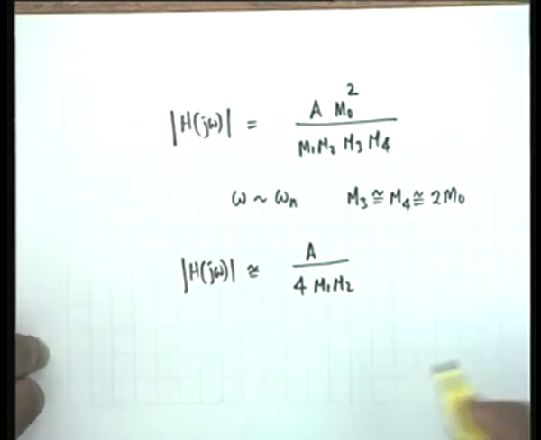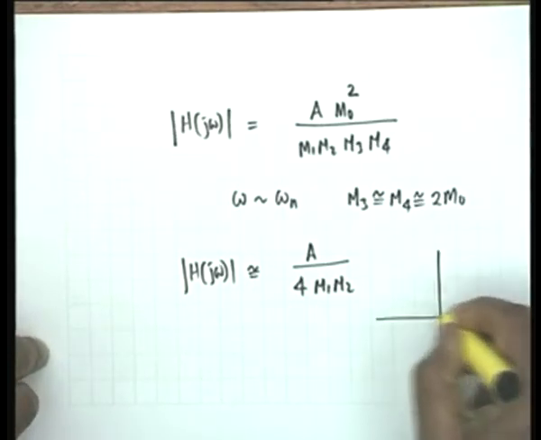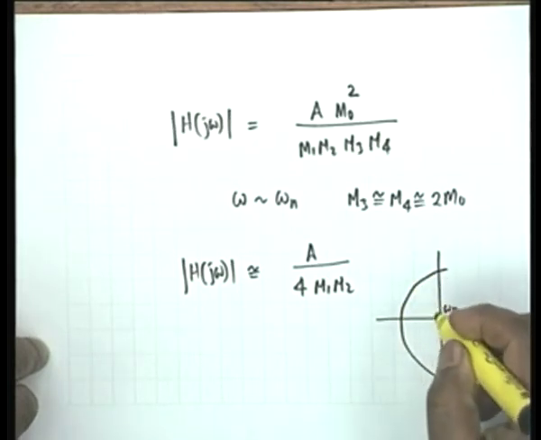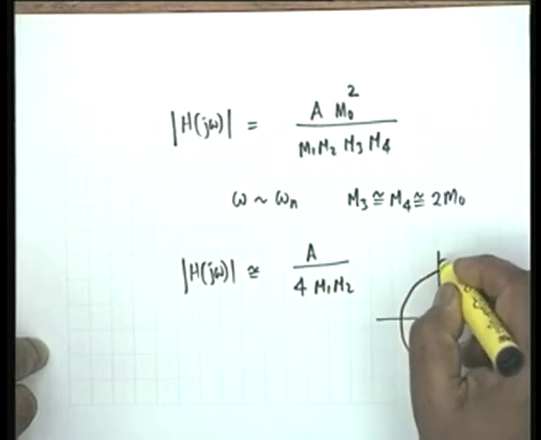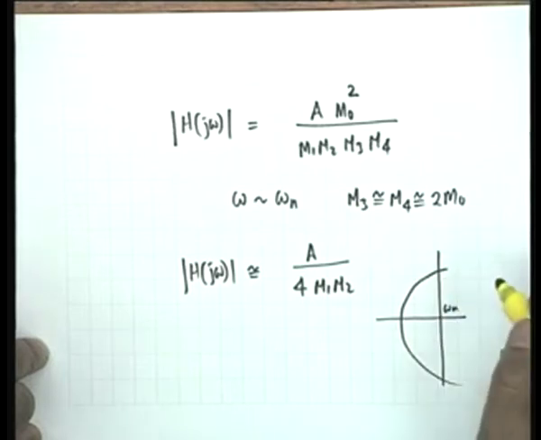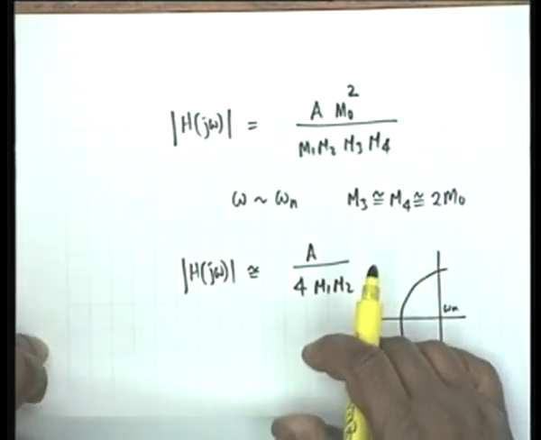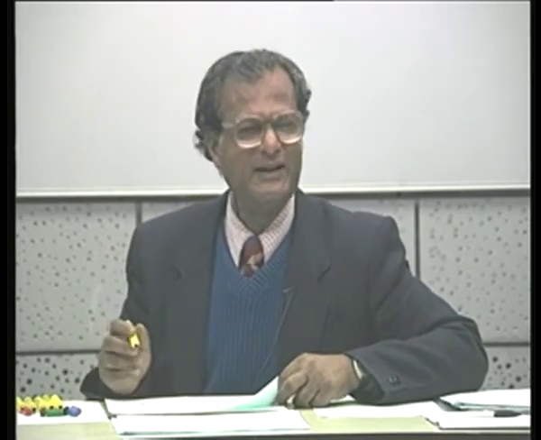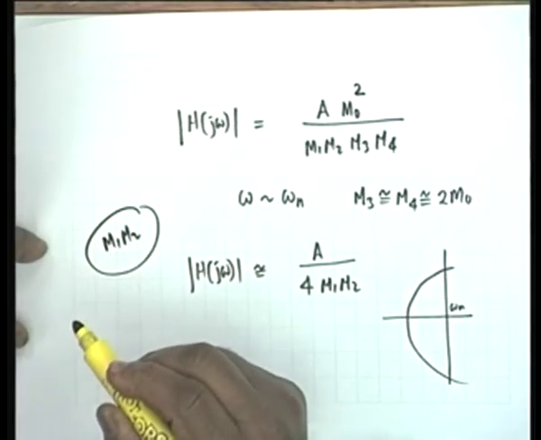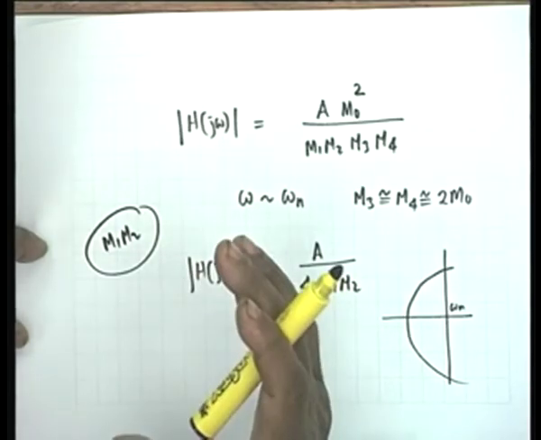Also from that pole-zero diagram, this is omega n, this is my picking circle. From the triangle, I have already done this derivation. Does the product m1 m2 change in terms of psi? It will remain the same because it's the same triangle that we are evaluating in 2 ways.